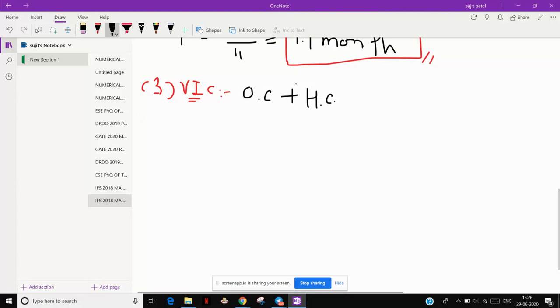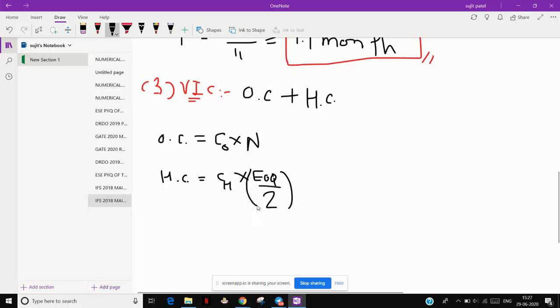Okay, so ordering cost is given by ordering cost per order into number of orders per year, and holding cost is equal to unit holding price into the quantity in one order divided by 2.